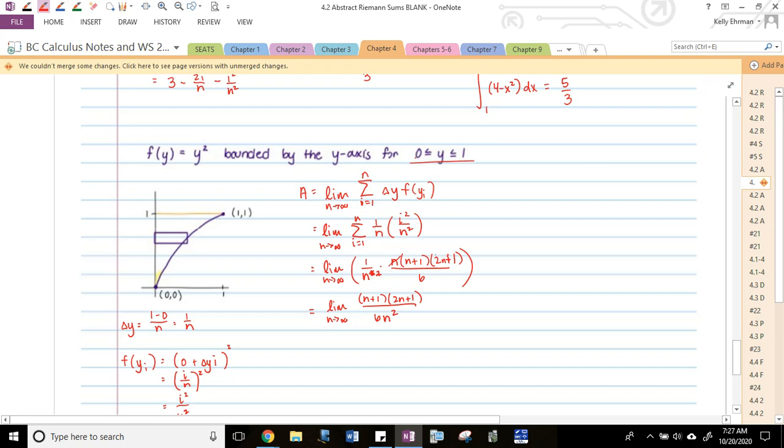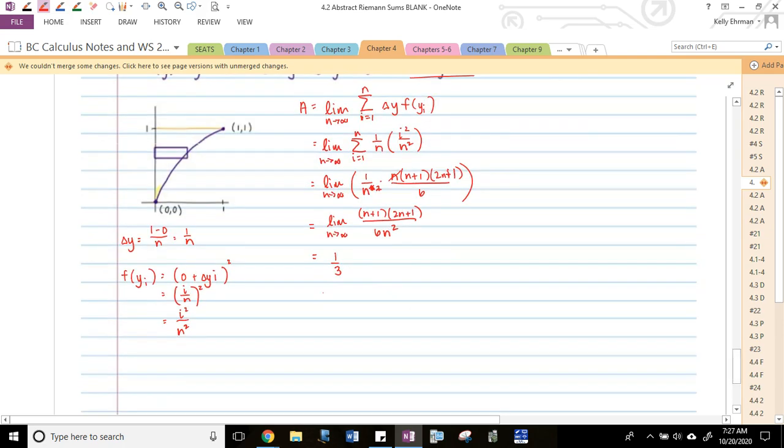This would have been 2n to the third divided by 6n to the third, which still divides out to 2 over 6. But I think it's easier to look at the simplified version. Anyway, the limit of that is 2n squared over 6n squared. So it's 2 over 6, which is 1/3.